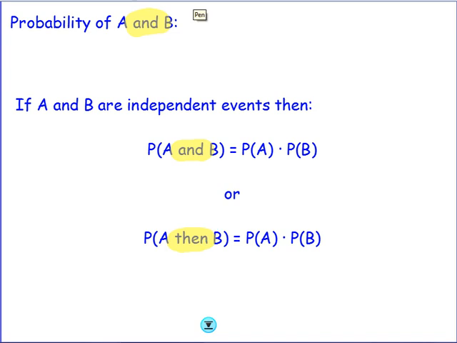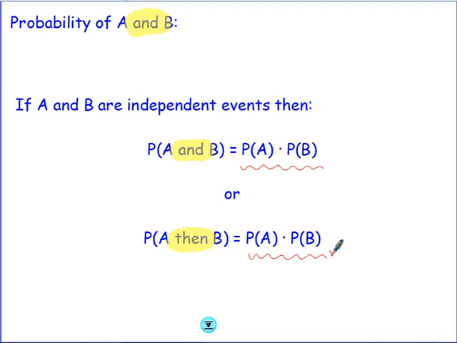If you want to find the probability of A and B, all you do is find the probability of A, find the probability of B, and multiply. And then simply mean multiply your fractions. So on these, we're going to be finding two fractions, and we're simply going to multiply the results. So, just remember, and then means multiply.